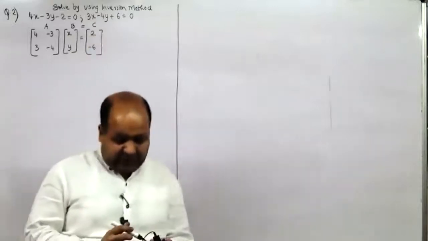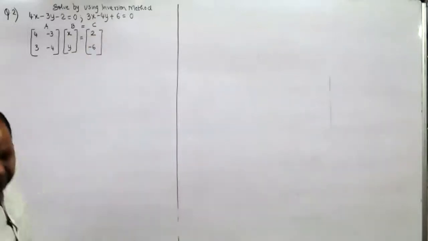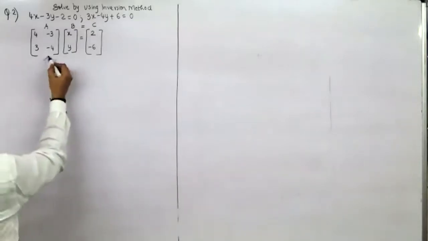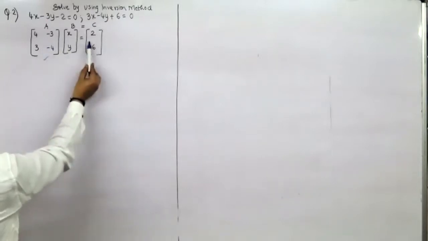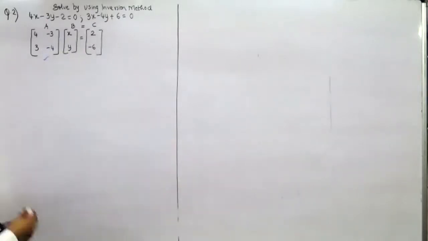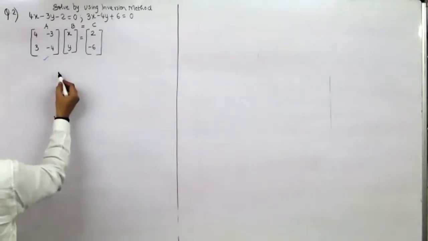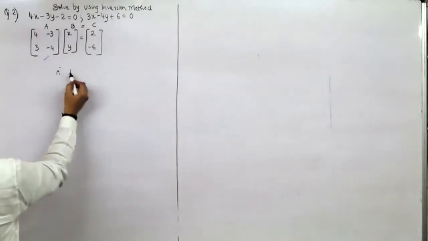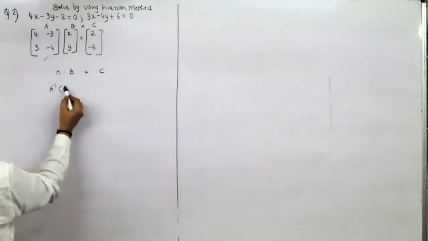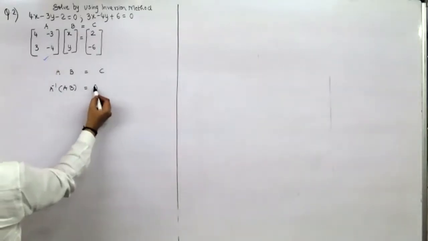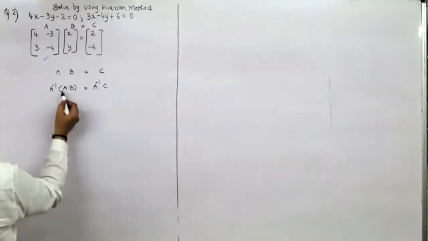Here, we'll have to find the inverse of this matrix, and then this inverse into C would give you B. How? This is A into B equal to C. When I pre-multiply both sides by A inverse, A into B is C. So therefore, when I pre-multiply both sides by A inverse, I'll get A inverse.